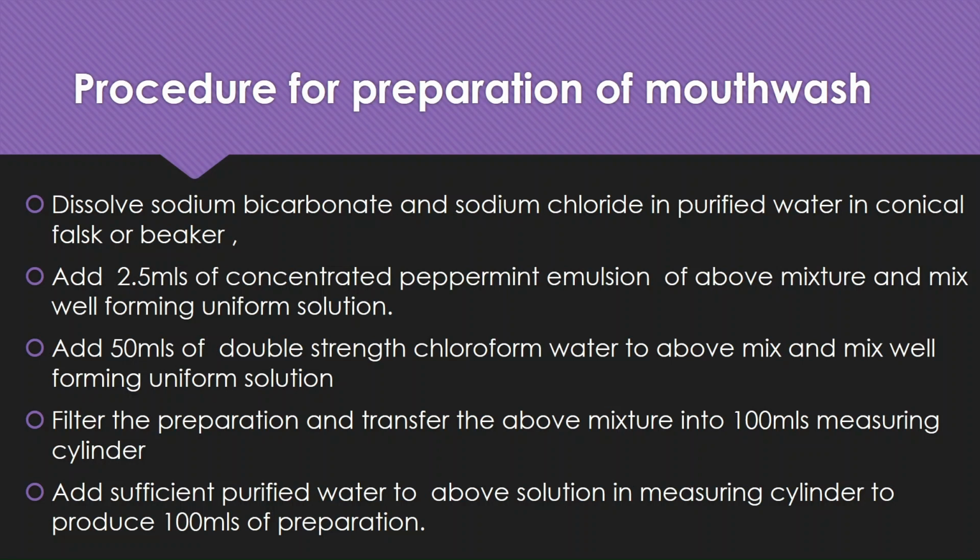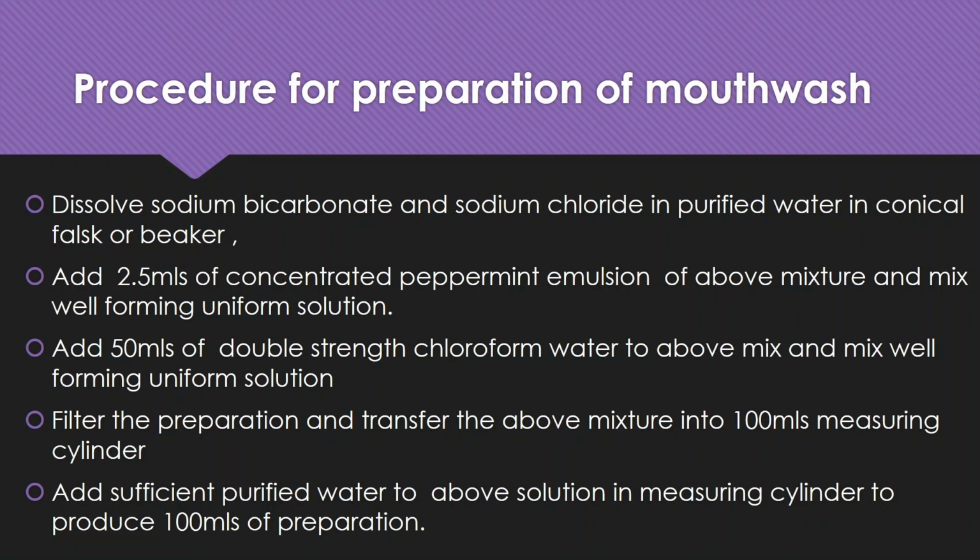So you should have weighed these two solids, and then after you weigh the two solids, you also measure peppermint emulsion, and then measure chloroform water or double strength chloroform water, and then you also measure water or purified water. Okay, you can measure it and have it somewhere.